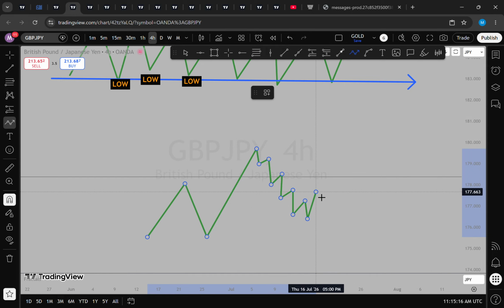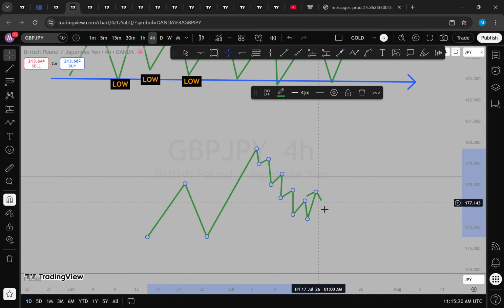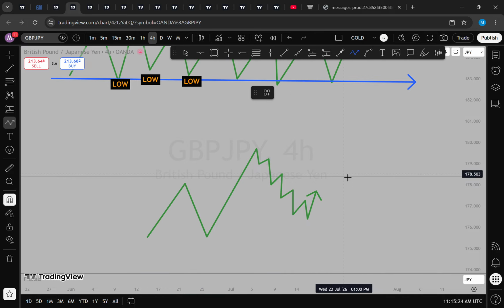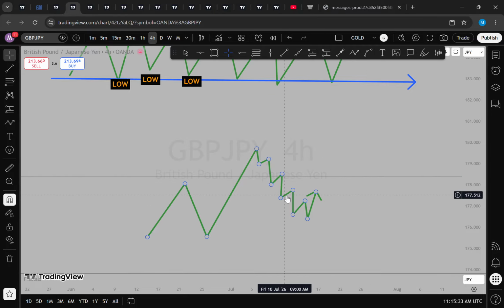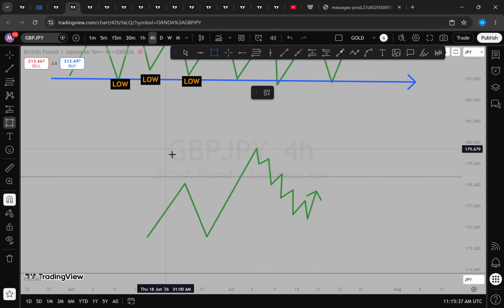Then you'll be expecting change of character. Then you see price do this. Before the next breakout will happen, this is what we call the range. Current range. All you need is the current range.